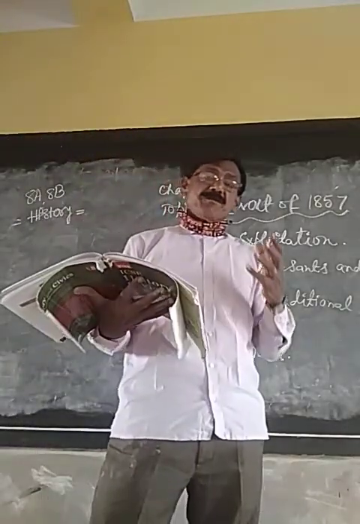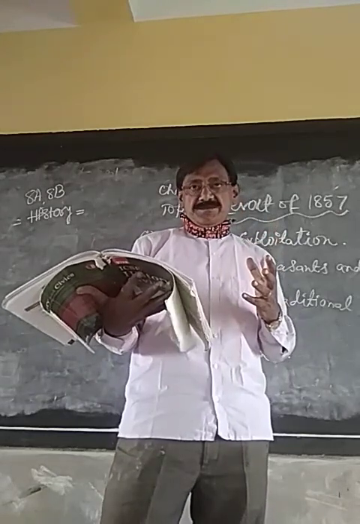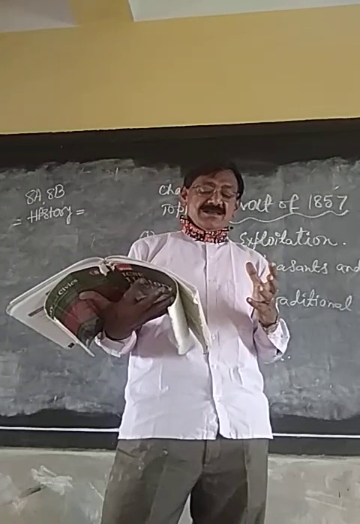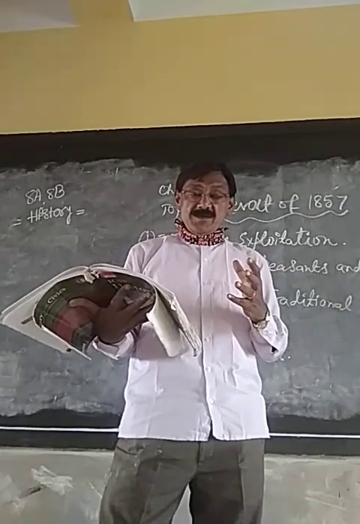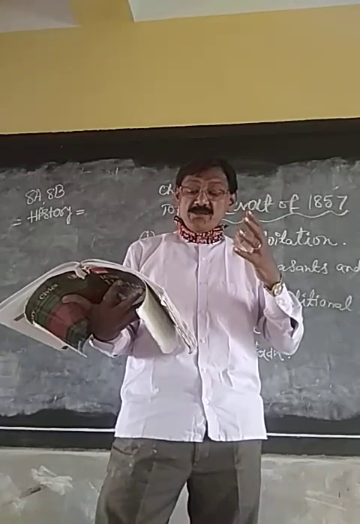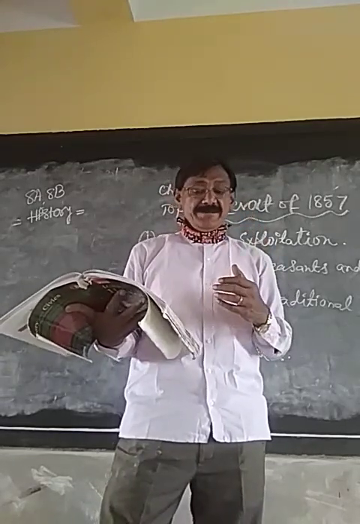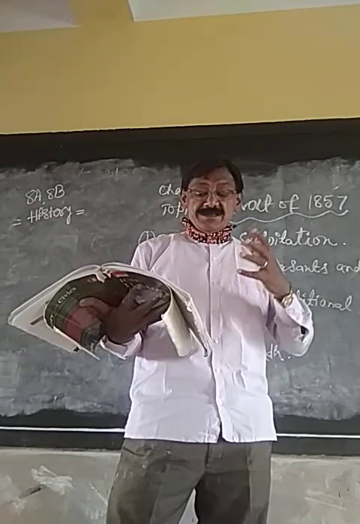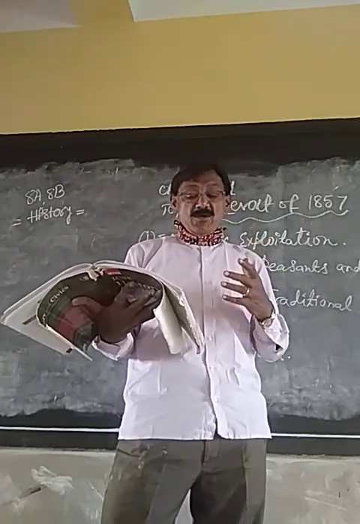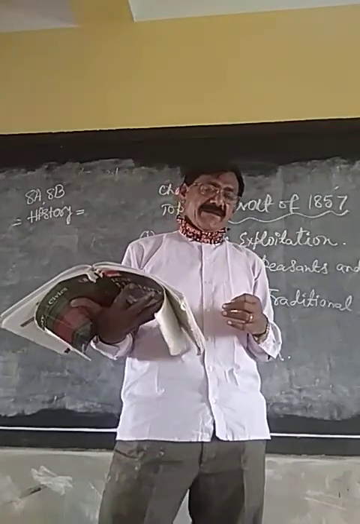The British completely transformed the traditional economic structure of the regional states into a structure that was more beneficial to them. This created bitterness among the exploited peasants and farmers.